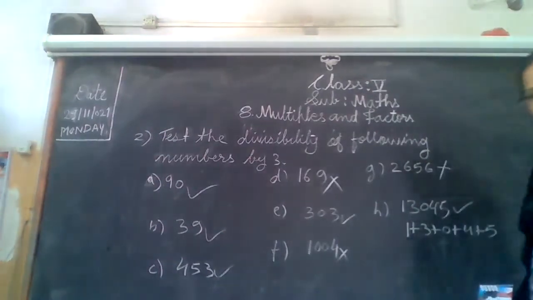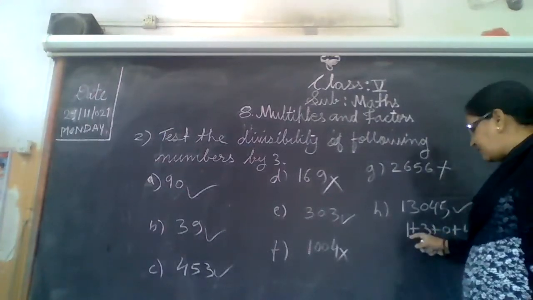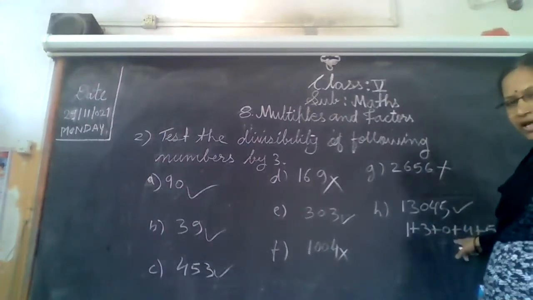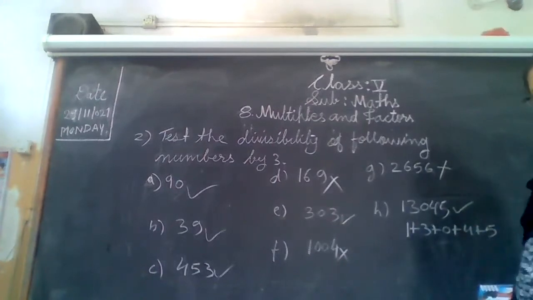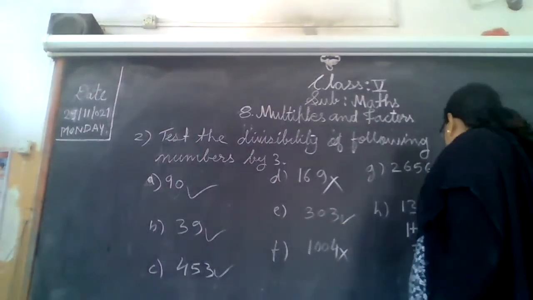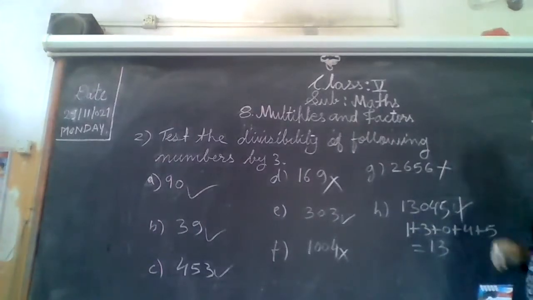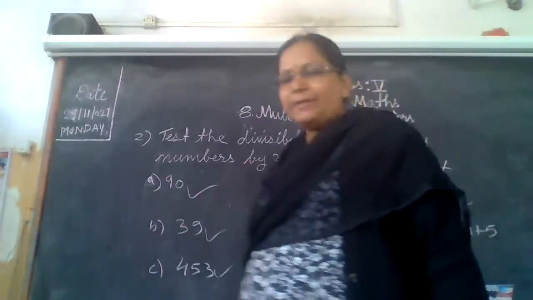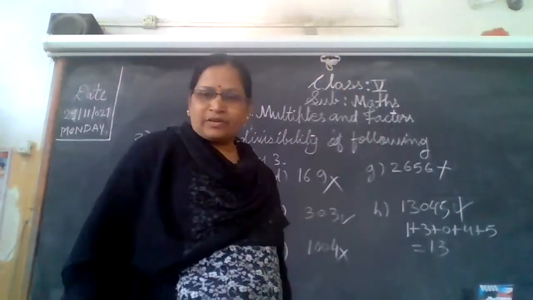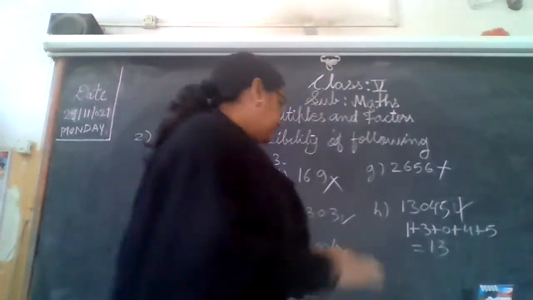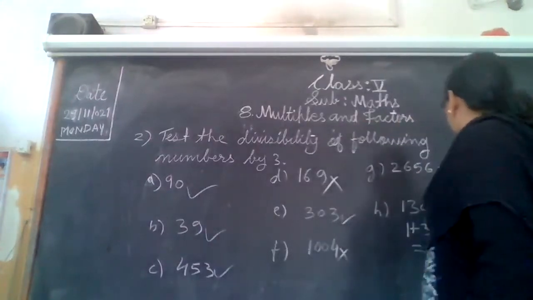In this way, you have to add. 3 plus 1, 4, 4 plus 4, 8, 8 plus 5, 13. And 13 is not a multiple of 3. That's why this number is not divisible by 3. Got it, beta? See the next question.